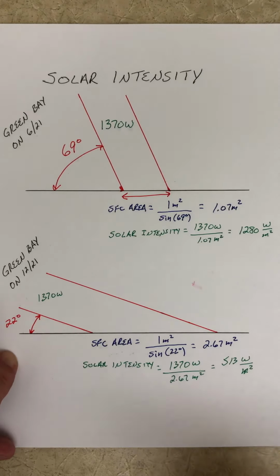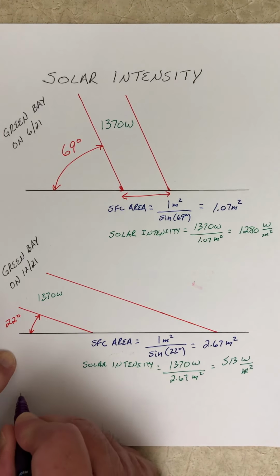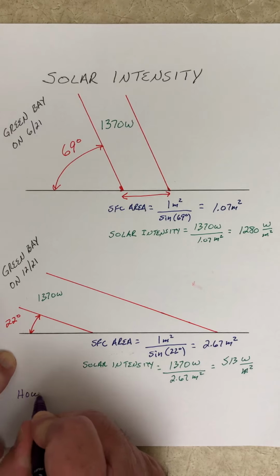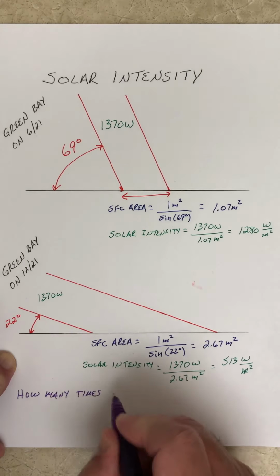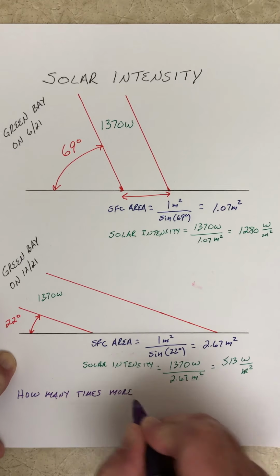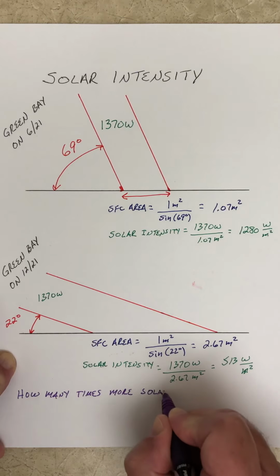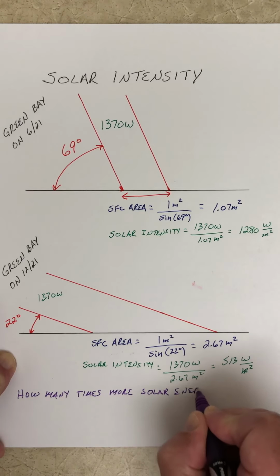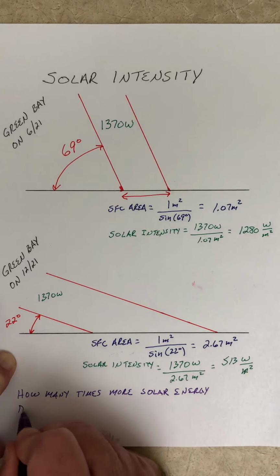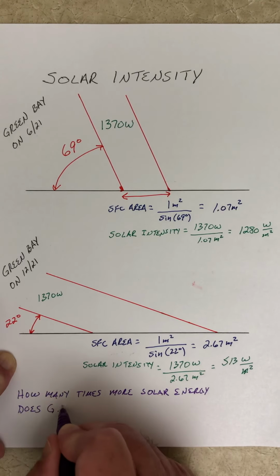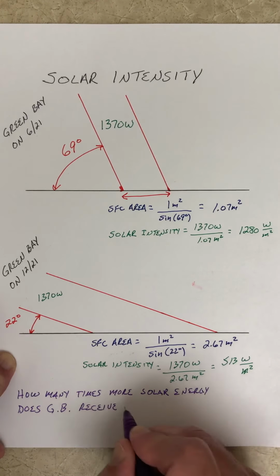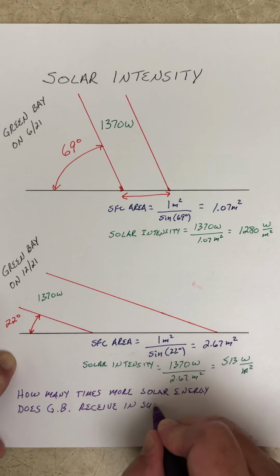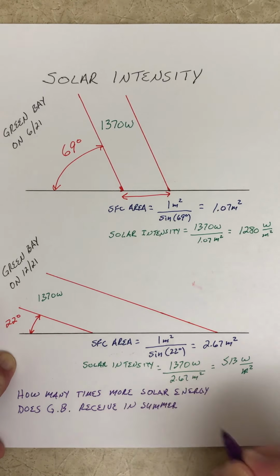So if we look at this, ask the question: how many times more solar energy does Green Bay receive in summer, and in particular on the summer solstice, versus winter?